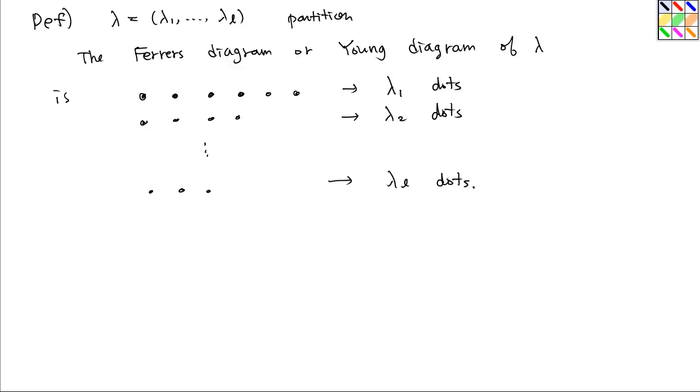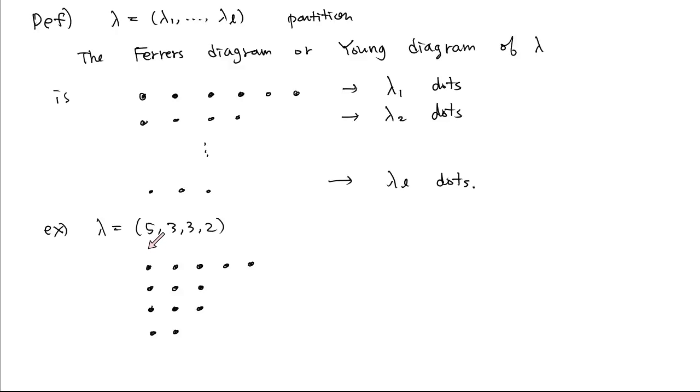So it's best to explain this using an example. So lambda equals, say, 5, 3, 3, 2. Then we draw 5 dots in the first row, 3 dots in the second row, 3 dots in the third row, and 2 dots in the last row, like this. And we always arrange the array to be left justified, meaning that they are all aligned at the leftmost dots.